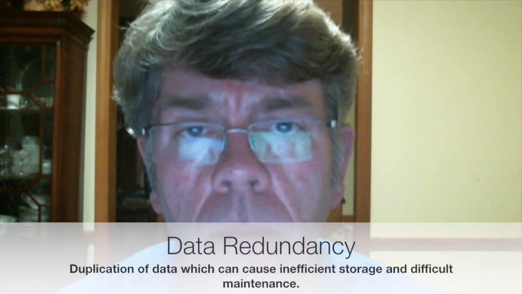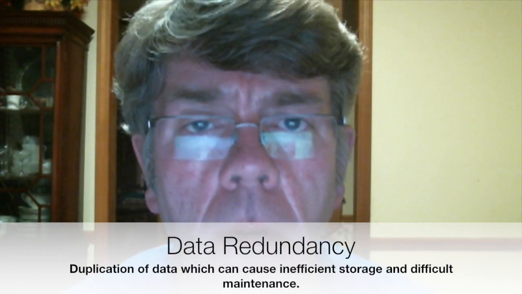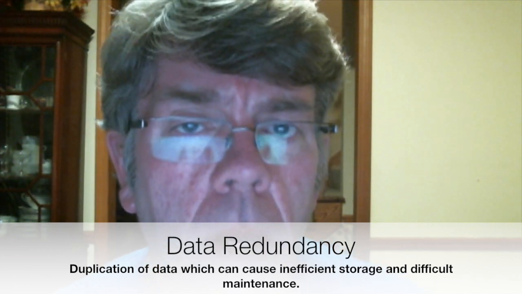That situation is called data redundancy. And the greater data redundancy you have, the more probable it is that you're going to have inaccurate data. The problem with inaccurate data is that as people use an information system, and they realize that some of the information being produced is not accurate, then you begin to question everything else.